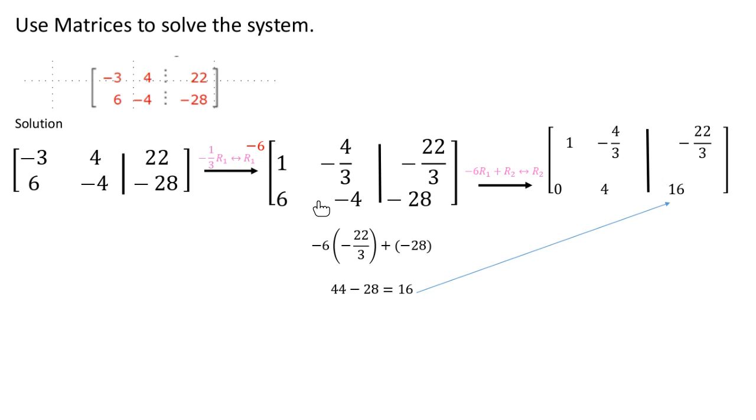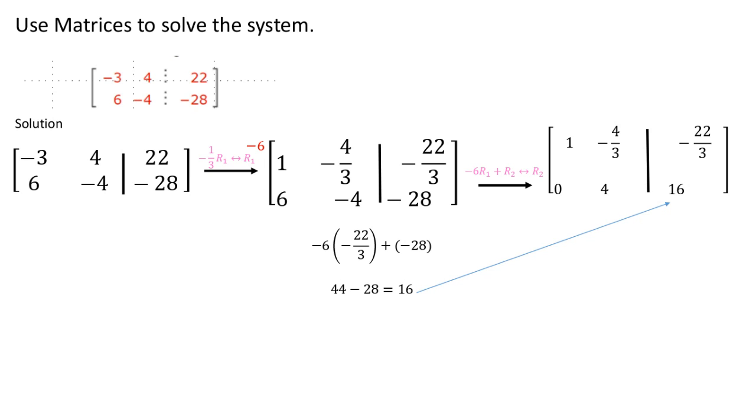And then we go to the third column: negative 6 times negative 22/3 plus 28. Negative 6 times negative 22/3 is positive 44, minus 28 gives me 16. Okay, so now I have my 0.